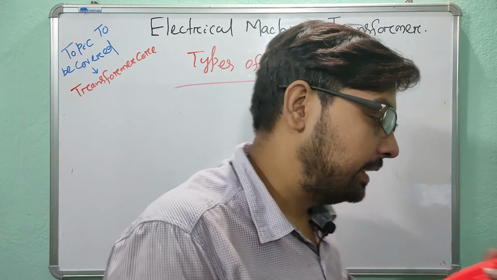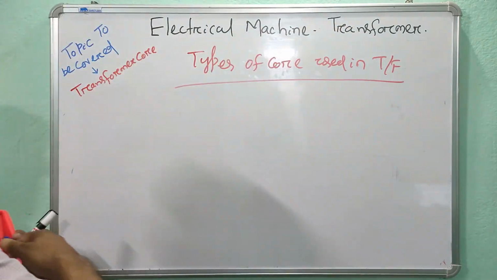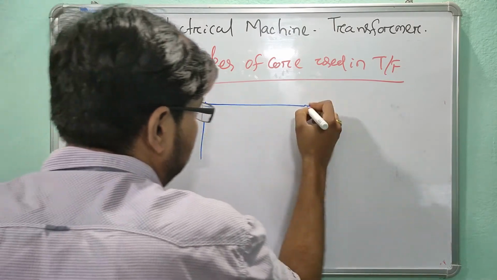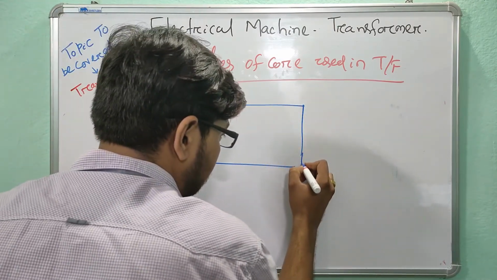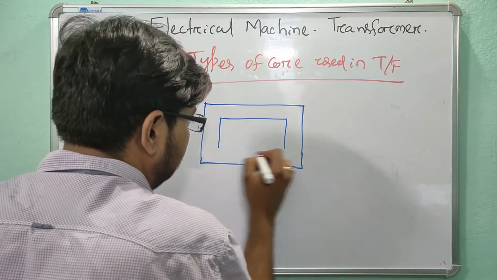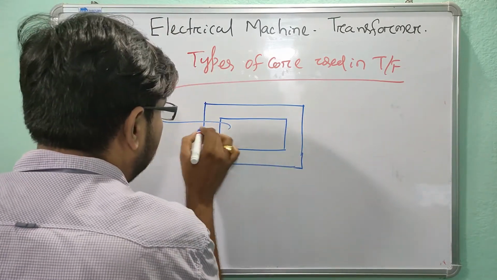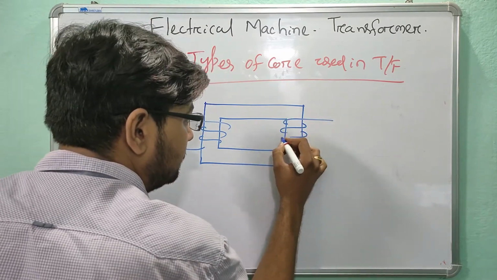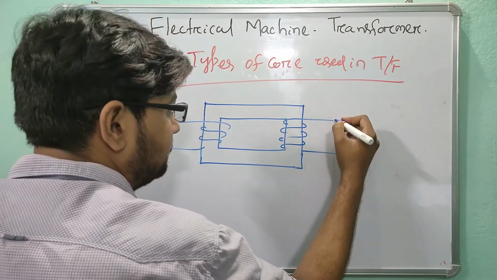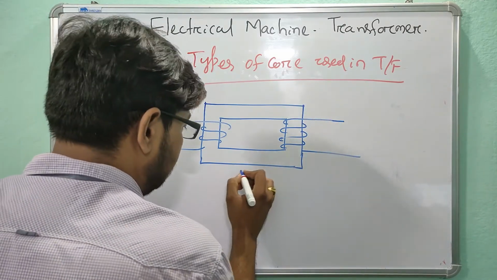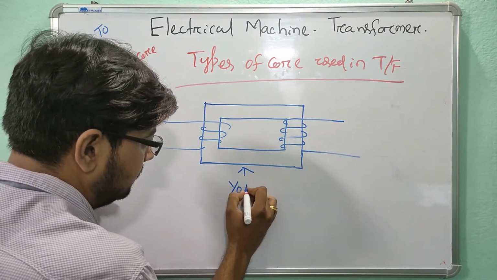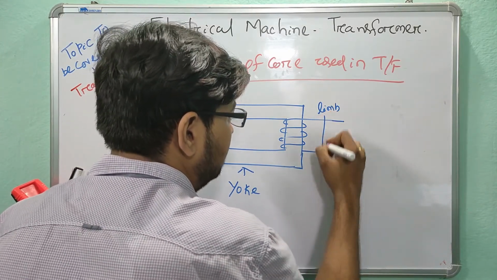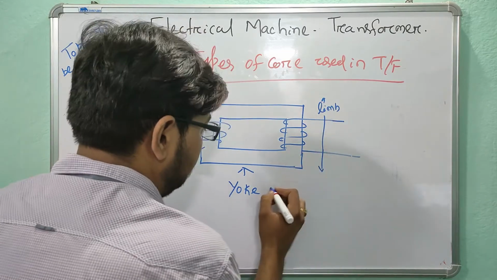So in the core there are two parts. This is my transformer core, and this is your yoke, the core is made up of yoke and limb. This is my limb, this is my limb, and this is my yoke.